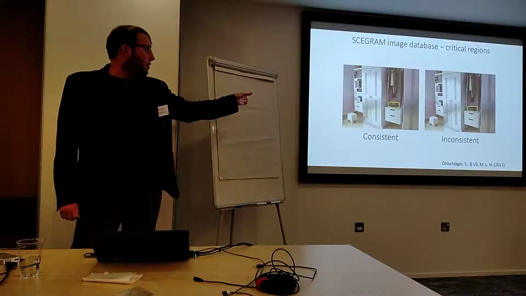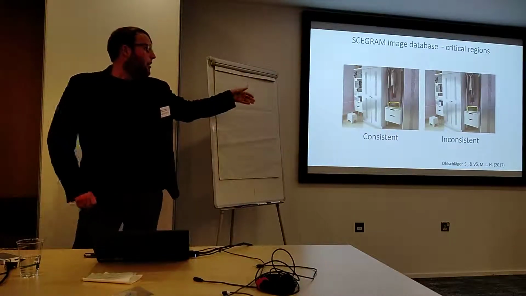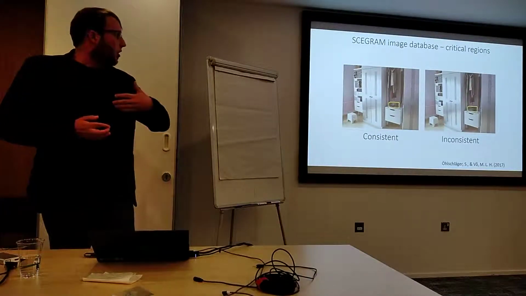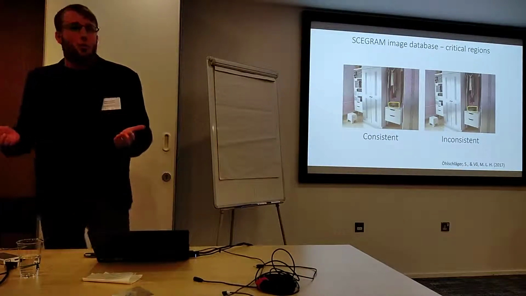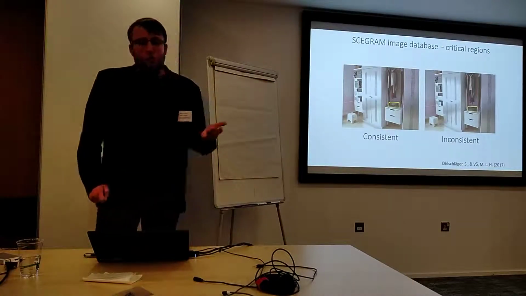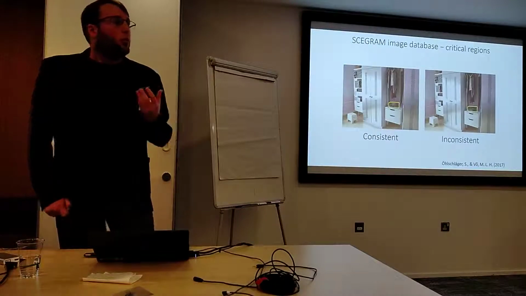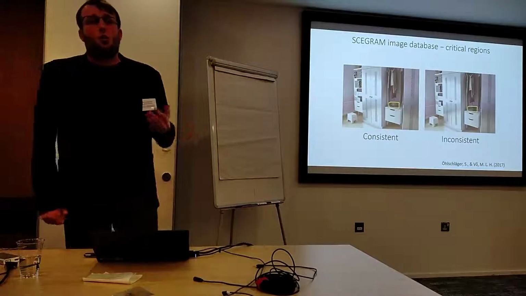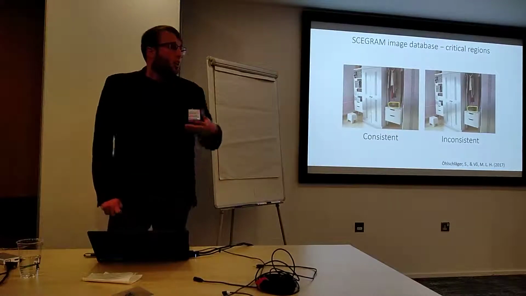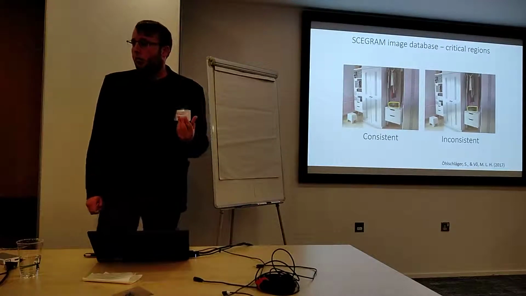In the consistent condition, all items are consistent with the scene context. They are items which would normally be found in certain contexts. In the inconsistent condition, one item is swapped for something which you normally wouldn't expect in that context. So we introduce a semantic conflict. This region of the scene suddenly becomes much more meaningful.